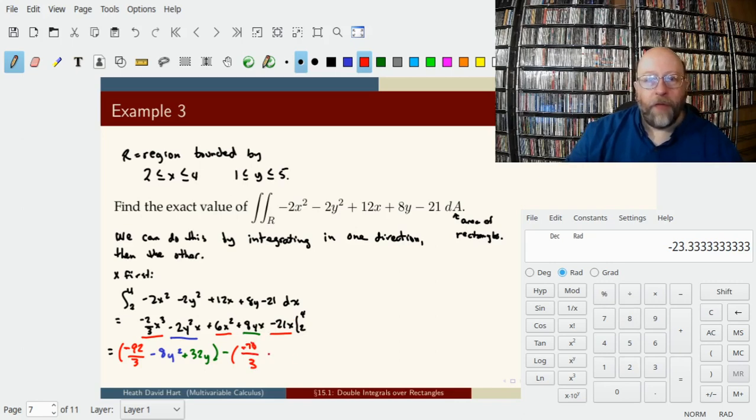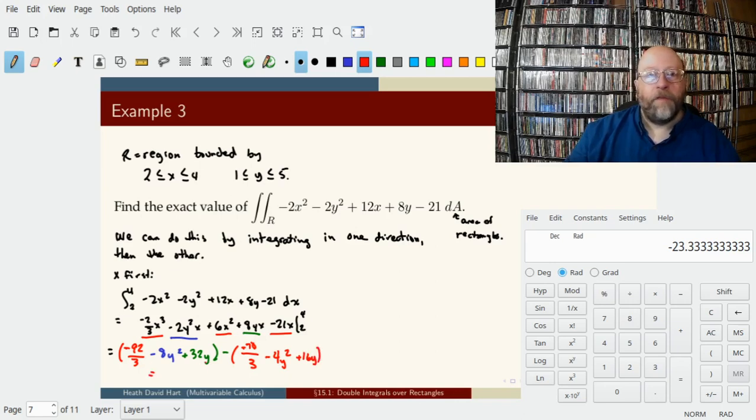And then we have these other two terms. The y squared term is going to be negative 2y squared times 2. That's negative 4y squared. And then the green term is going to be 8 times y times 2. That's 16y. All right.